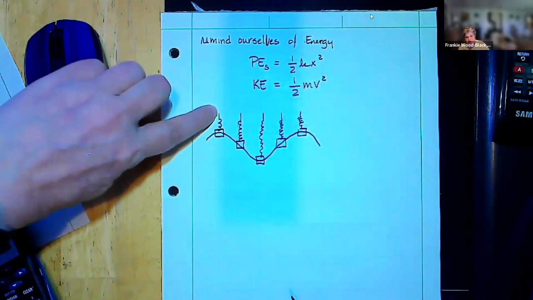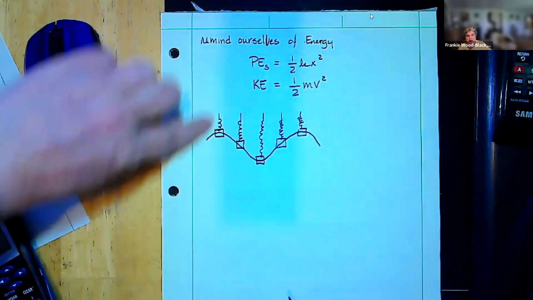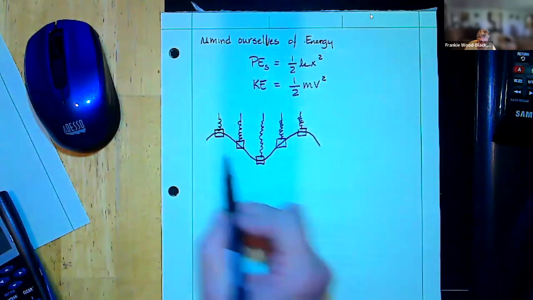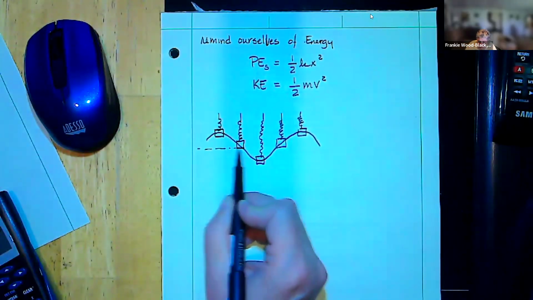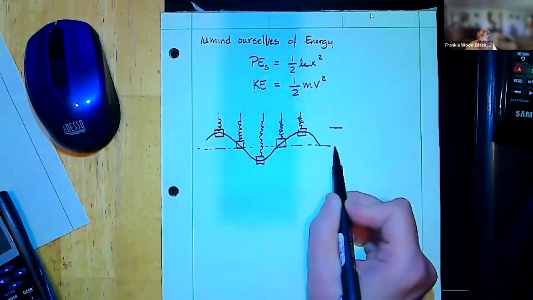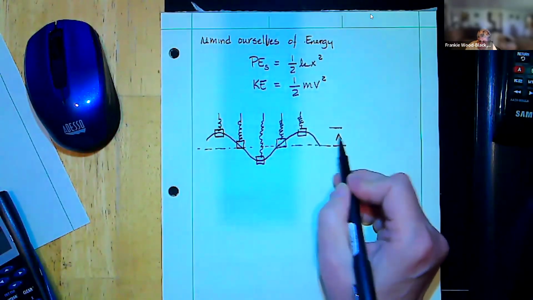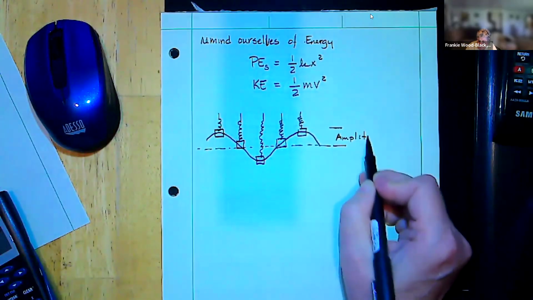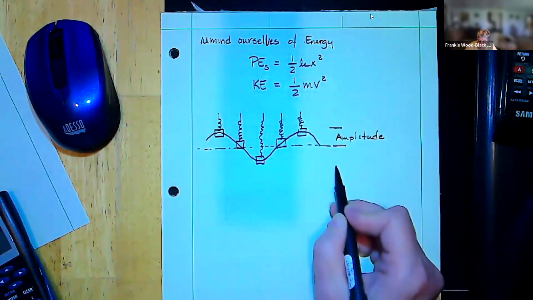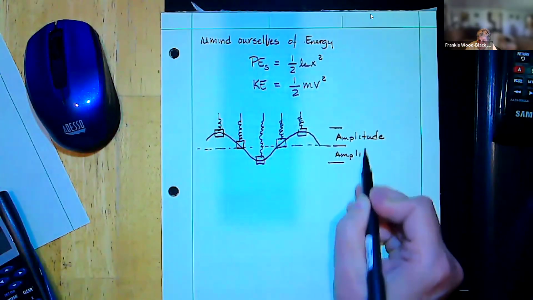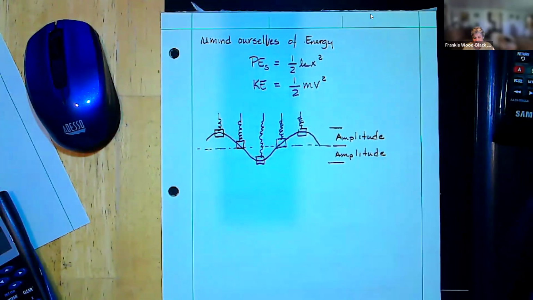We're thinking about our spring bobbing up and down, but we're looking at my curve as moving in time. Here's my equilibrium point. This will be my amplitude. And since we played with our springs before, this is my amplitude on the other side. Okay, so we get it to bob up and down.